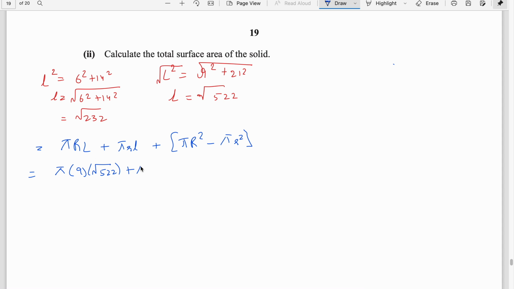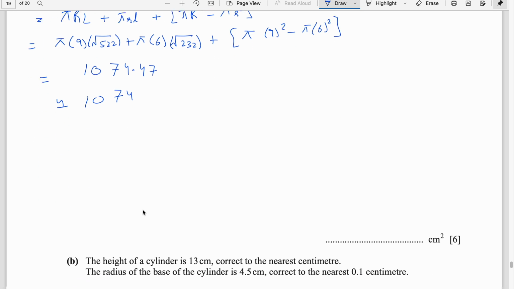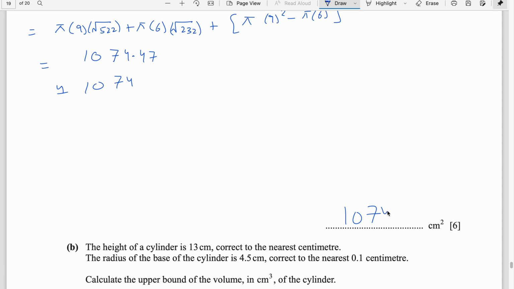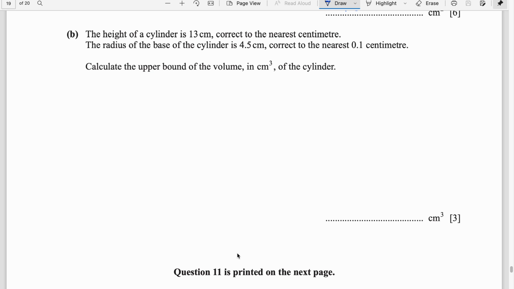You can also put values in decimals, that's not an issue. 6 into square root 232 plus pi r square minus pi r squared, and this is 1074.47, approximately equal to 1074. 1070 is also acceptable. 3 significant figures.